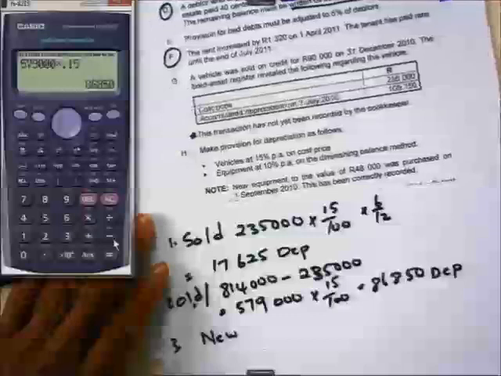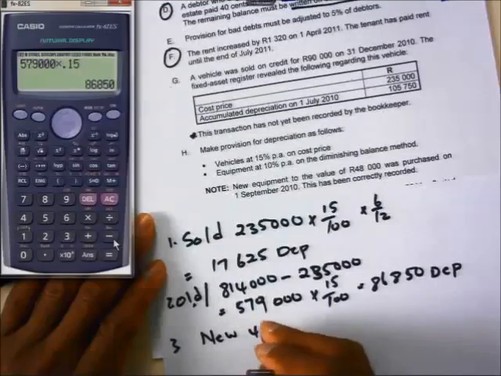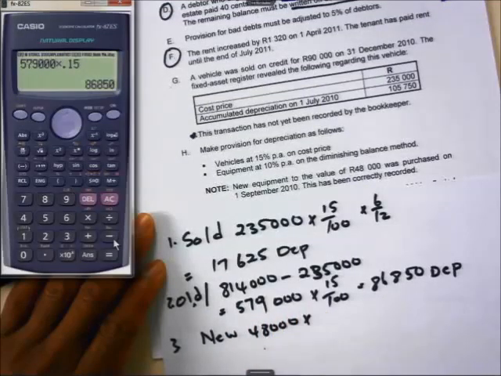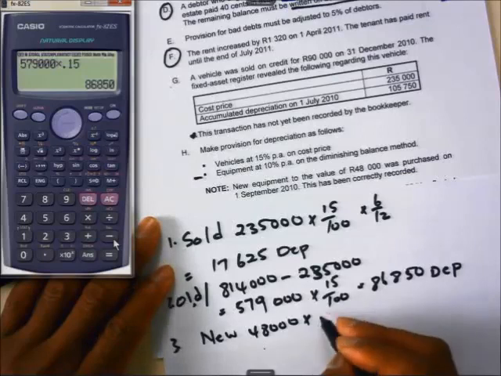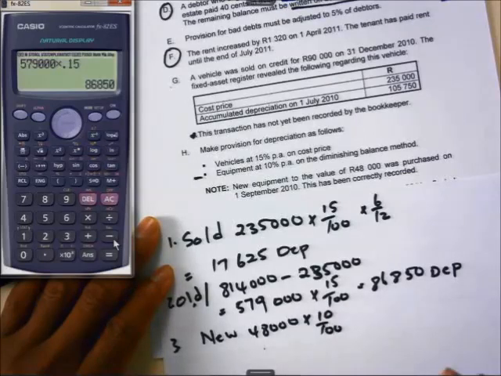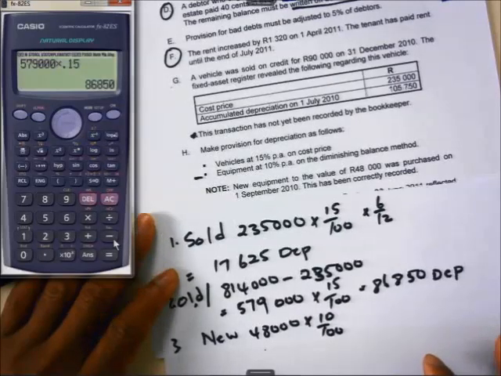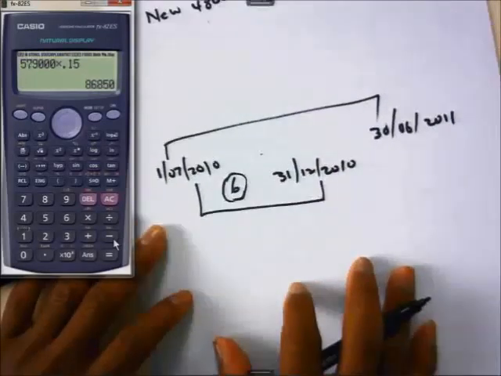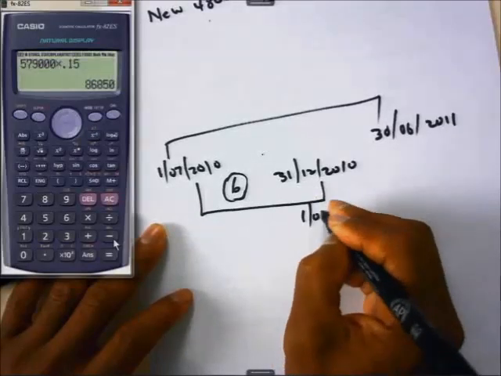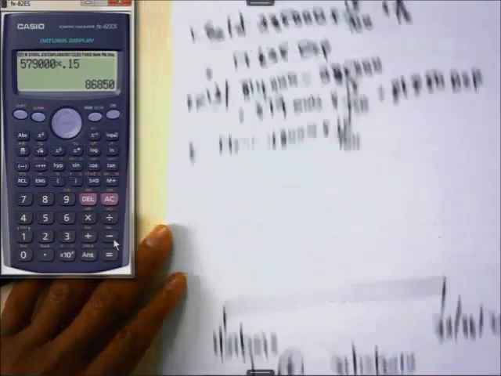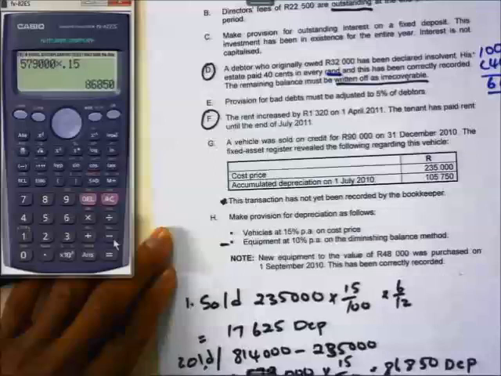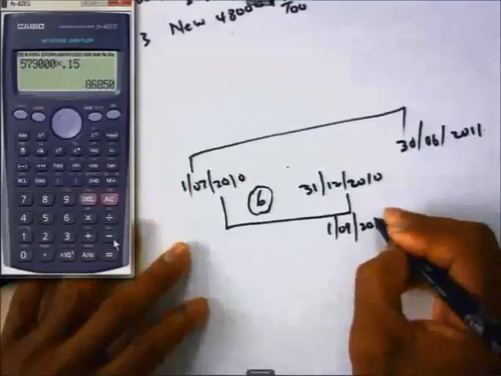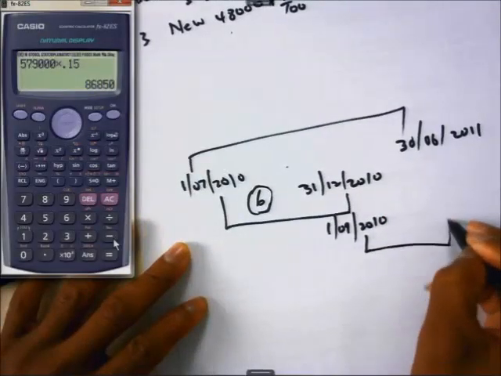It is 48,000, multiplied by the depreciation rate of 10% per annum on diminishing balance, 10 over 100. Then we also check the lifespan. The asset was purchased on 1st September 2010, so we had the asset from there up to the end.